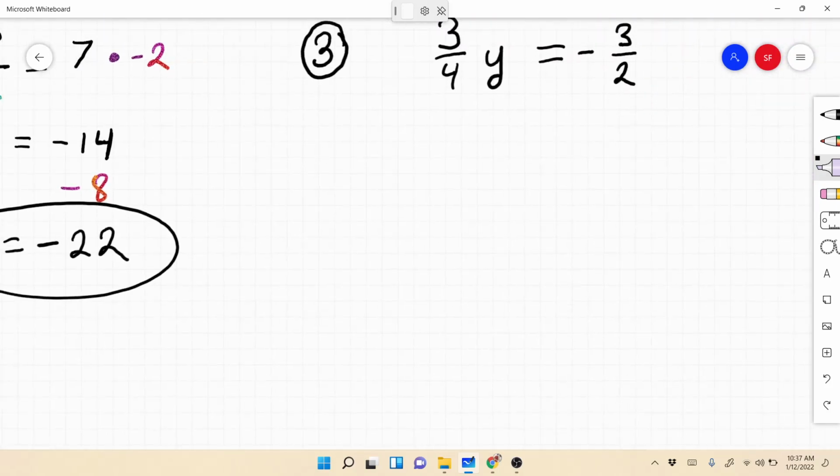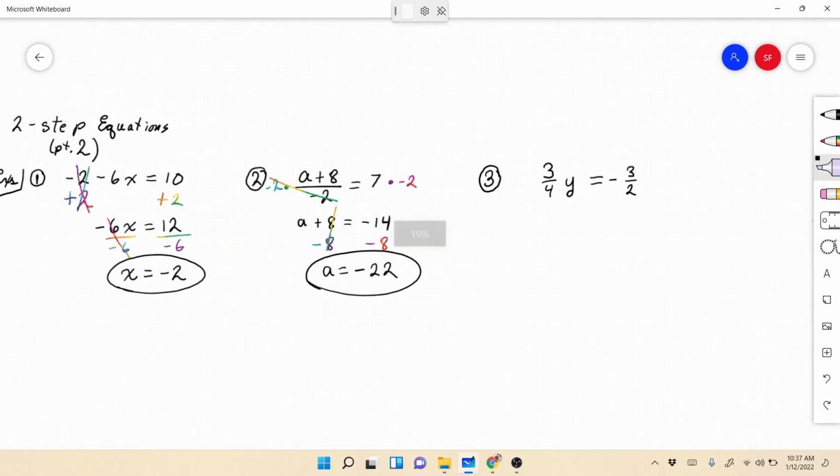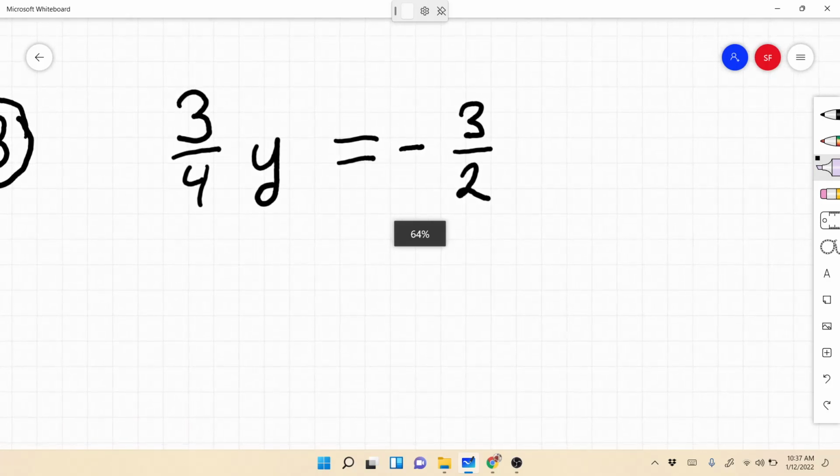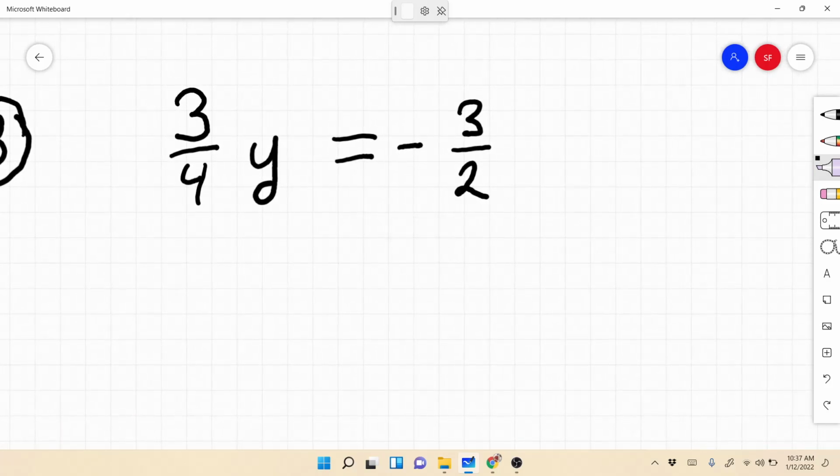Now, let's go back to ours. Wherever it went. Where'd it go? There it is. All right. So, to get rid of this one, we're going to multiply by its reciprocal, because that's the same as dividing, right? That makes sense? How we do it? Pretty good.